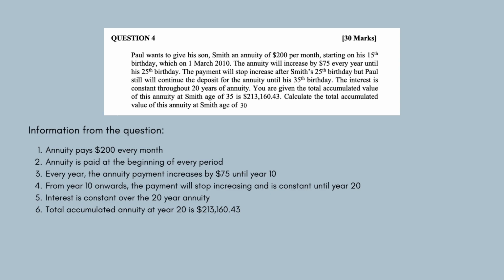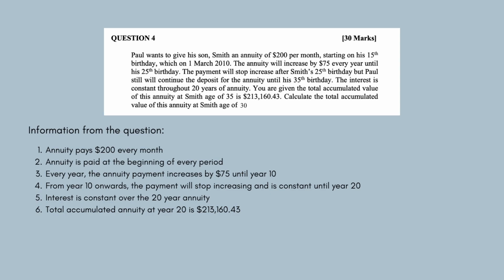The question is asking us to calculate the total accumulated value of this annuity at Smith's age of 30. So from the question, the annuity pays $200 every month. The annuity is paid at the beginning of every period, and every year, the annuity payment increases by $75 until year 10.